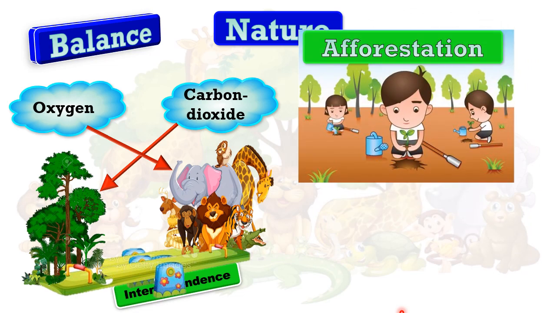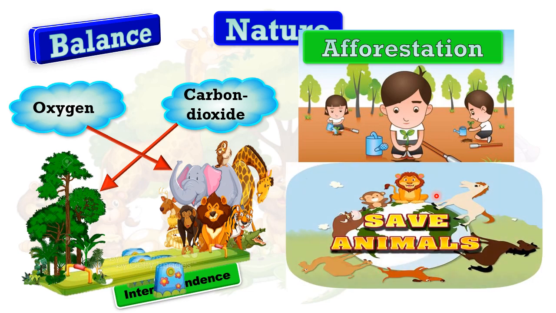Now let's see what are the reasons and how we can create balance in nature. We can create balance in nature by afforestation. What is afforestation, children? Plant more and more trees. Planting more and more trees is afforestation. And it will help to increase the level of oxygen and it will help to purify the air we breathe in.